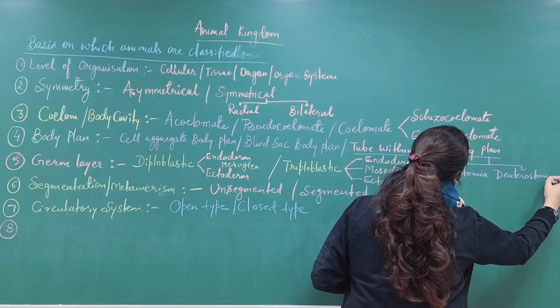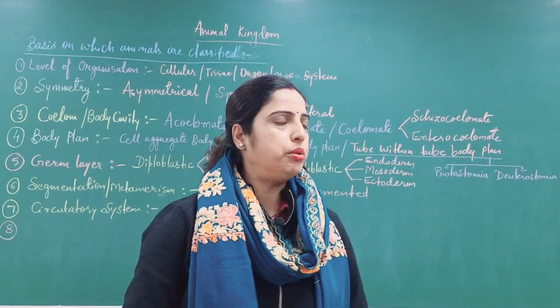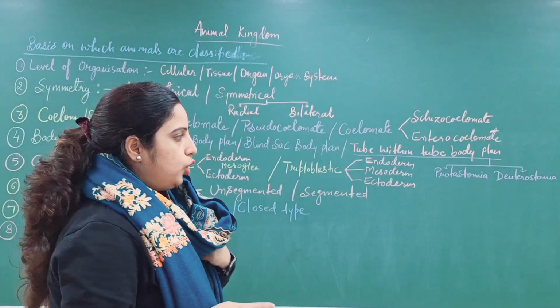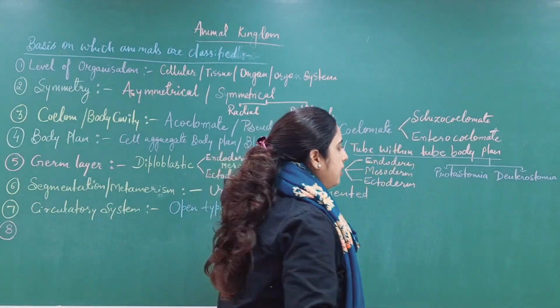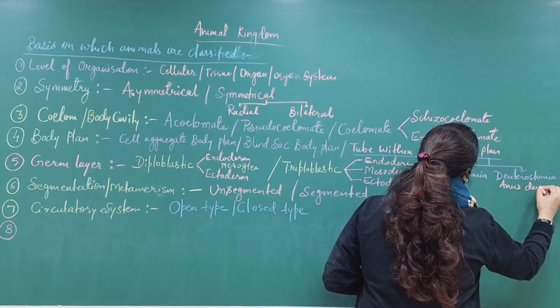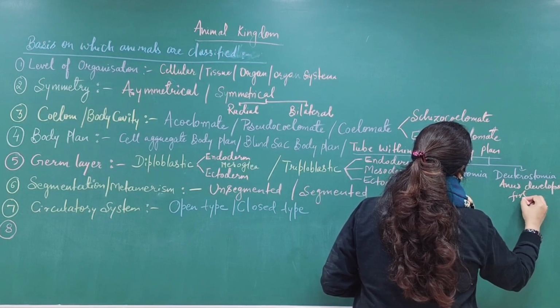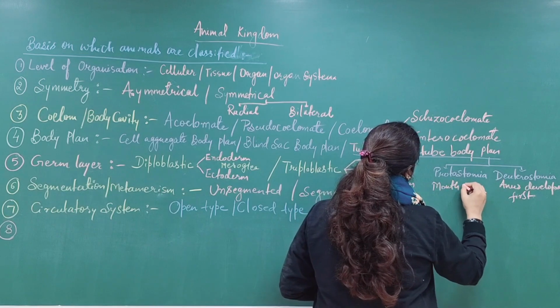This is a very, very important term. That's why I came back here to tell you that these are the two bases. Humans are deuterostomia, where the anus develops first during embryonic development, then the mouth. Whereas here the mouth develops first.